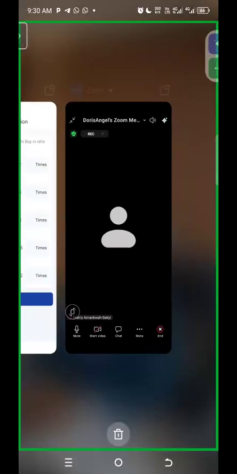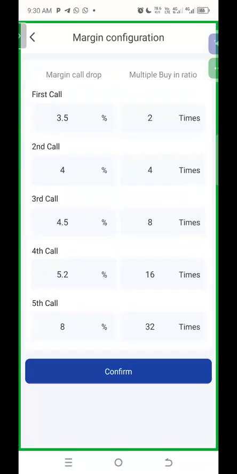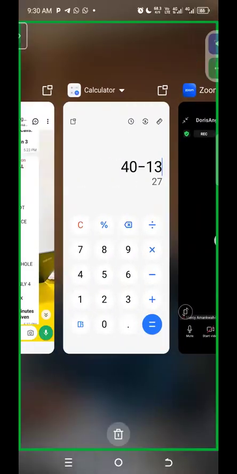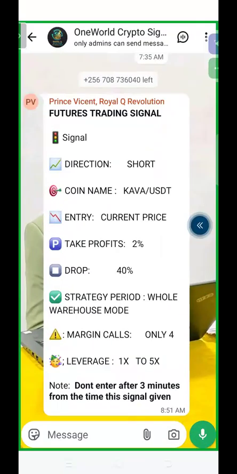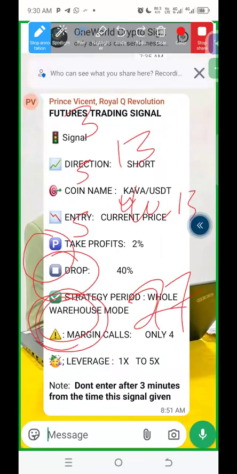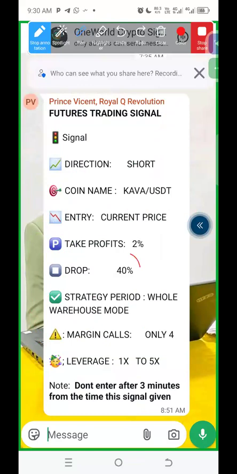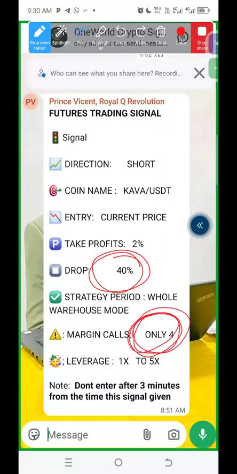Now listen. Signal has been given. This is the signal. They said 40% drop. And even with the 40% drop, they said four margin calls only.